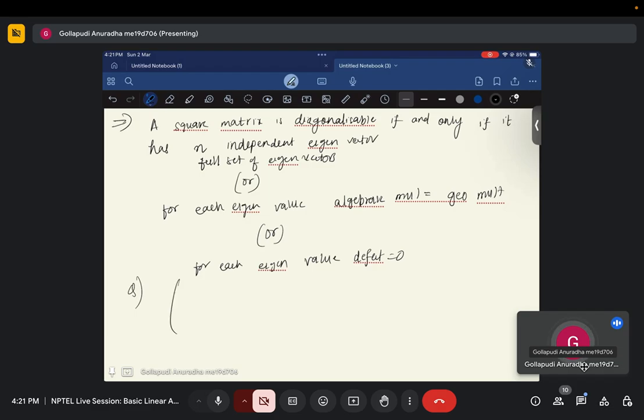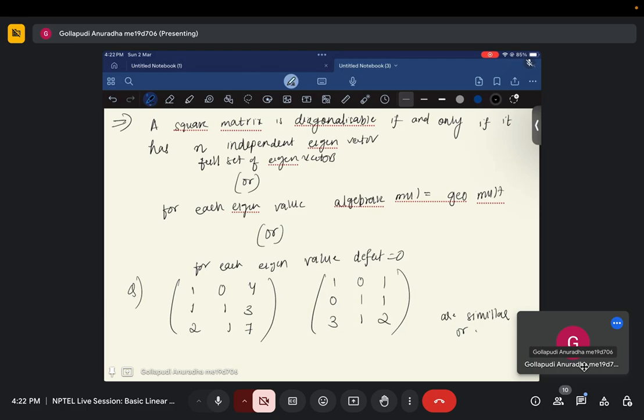So you have these two matrices. Tell me if these two matrices are similar or not. So are these two matrices similar or not?